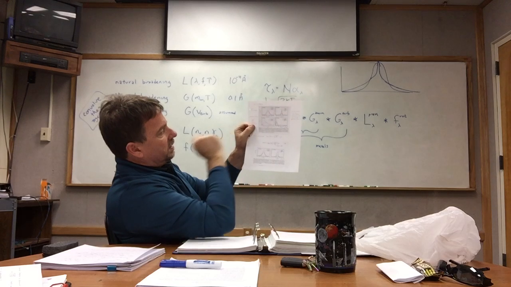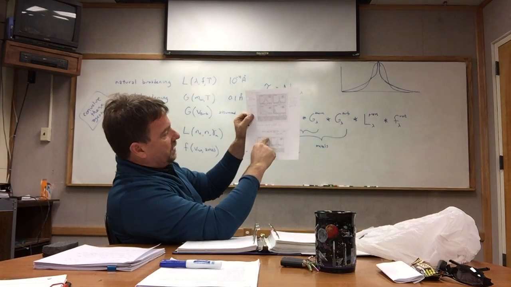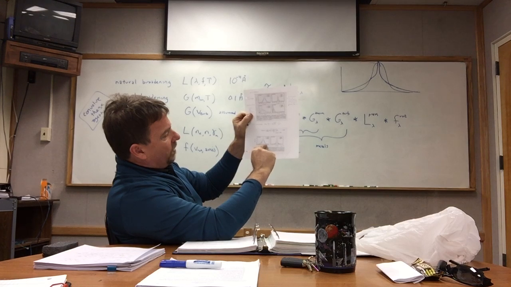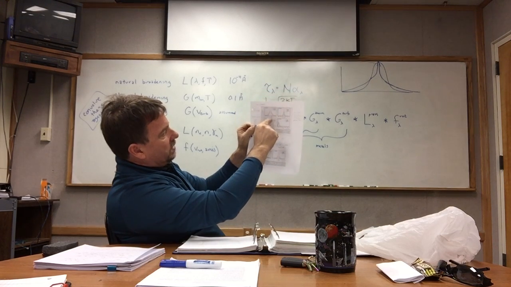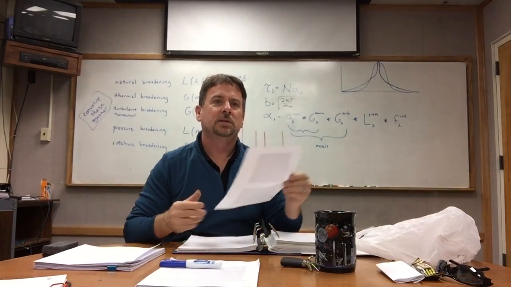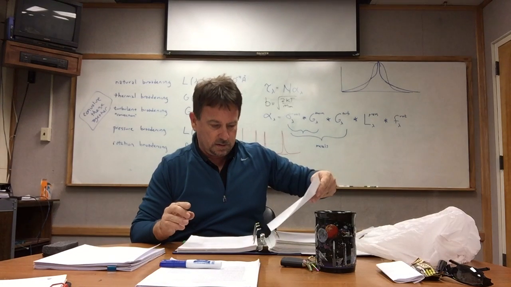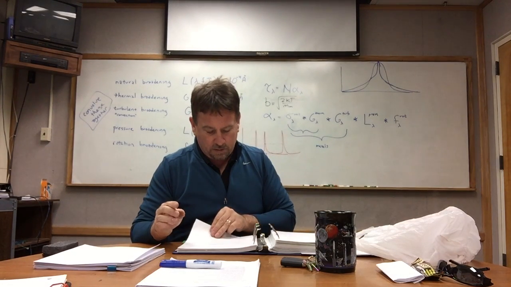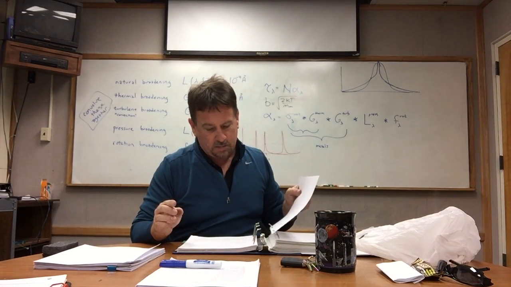So you can see here, 10,000 degrees gives you a plus or minus 0.1 angstrom width. That turns out to be a plus or minus 20 kilometers per second width, which is 40 kilometers per second. Okay, everybody with me on that? So that defines the B parameter.